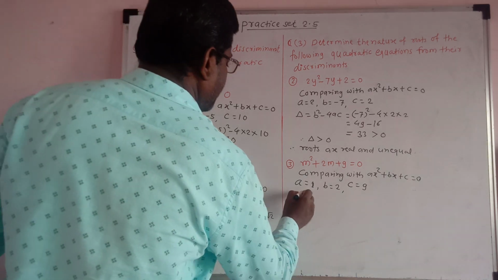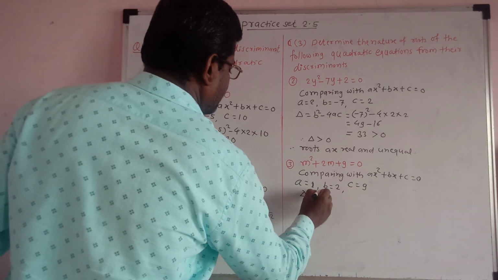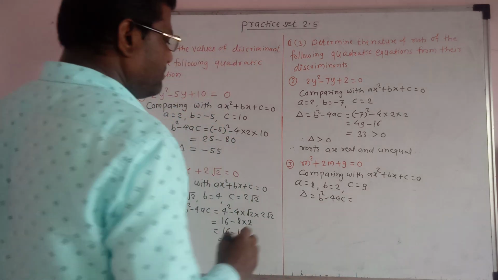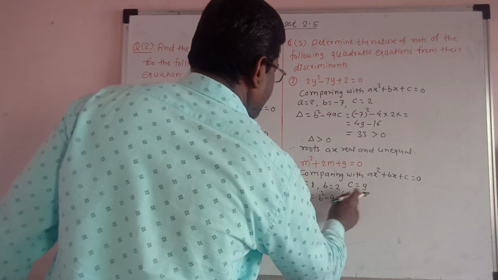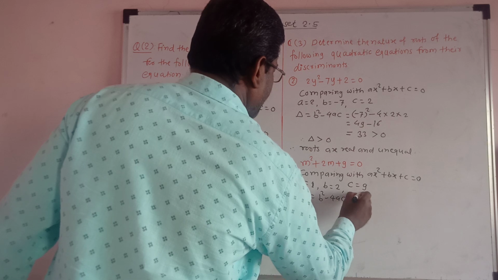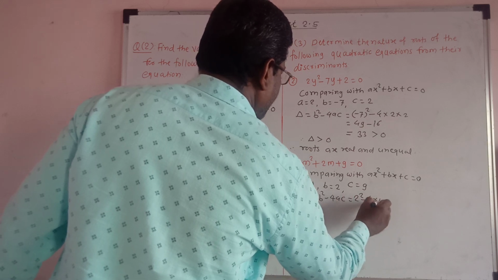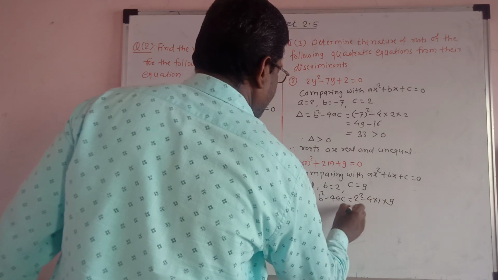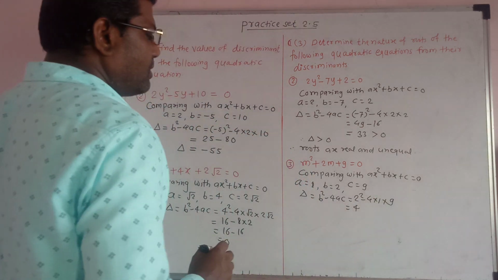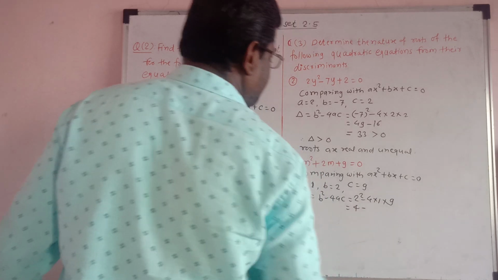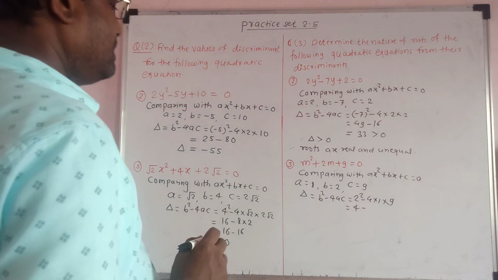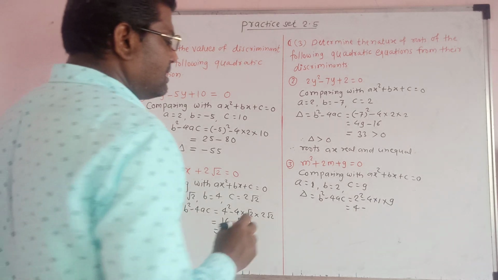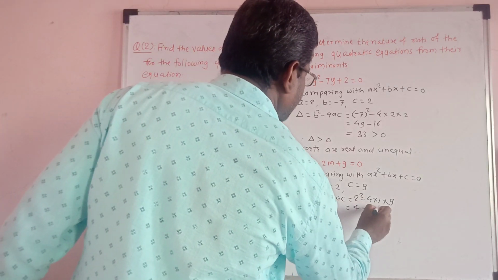Now let us find delta. Delta is equal to b square minus 4ac is equal to 2 square minus 4 into 1 into 9. 2 square is 4 minus 4 into 1 into 9. 9 fours are 36.